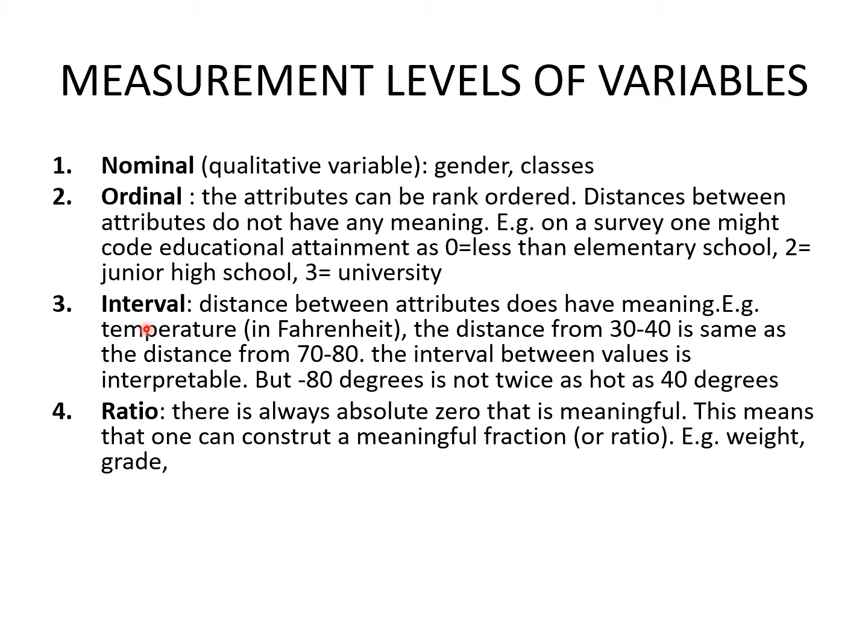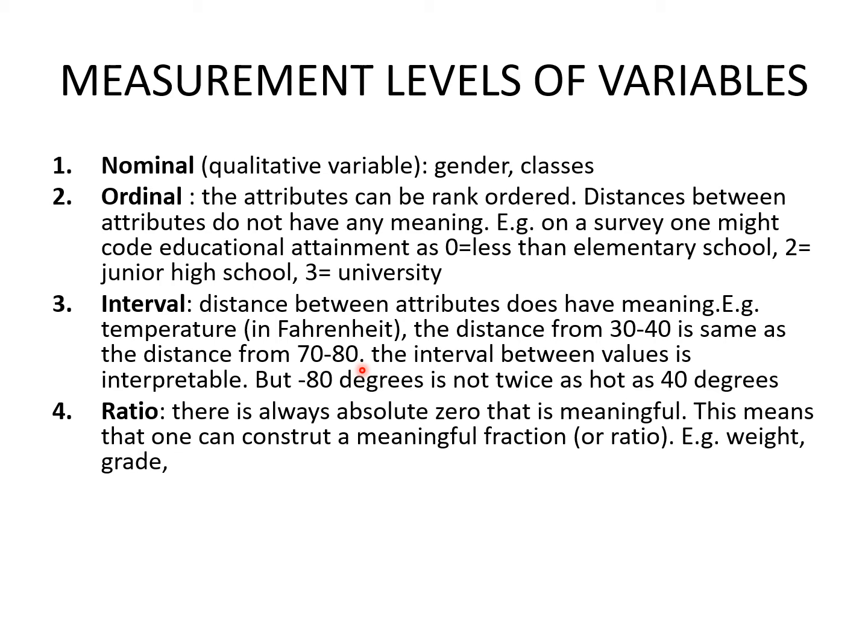The third type of data, or measurement level, is interval. This is usually used when somebody wants to measure students' attitude or motivation using, let's say, a Likert scale, for example 1 for strongly disagree to 6 for strongly agree.